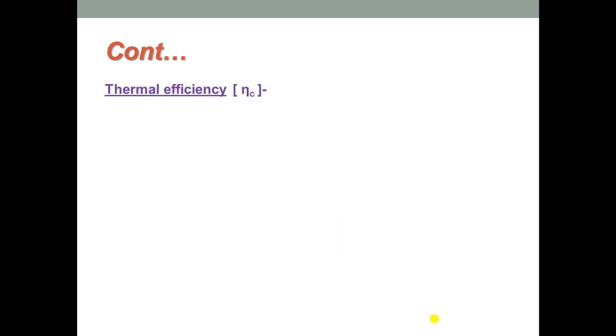Further, we see some of the performance parameters related to the Carnot vapor cycle. The first one is thermal efficiency. We know that thermal efficiency is defined as net work done over heat added.